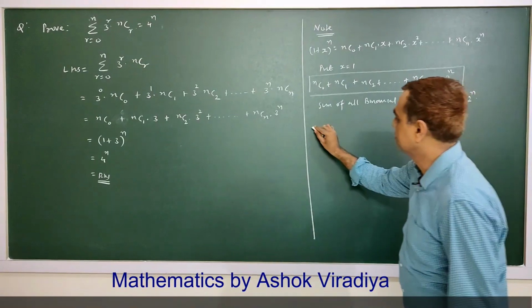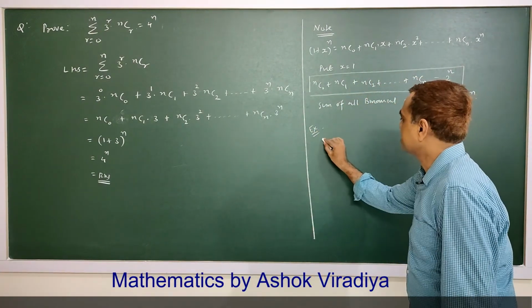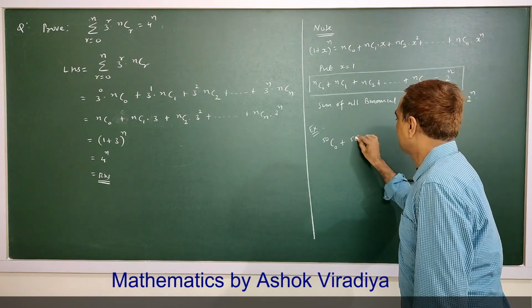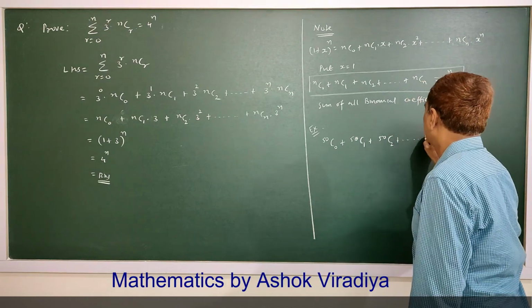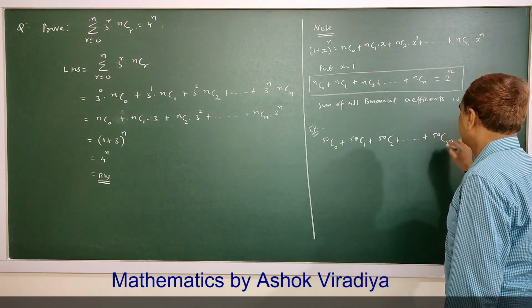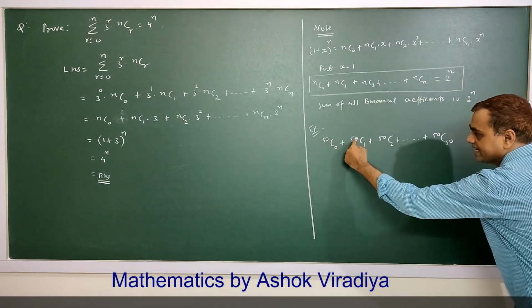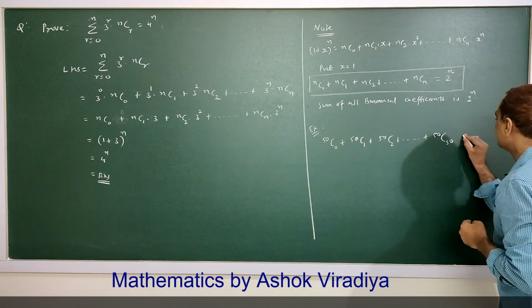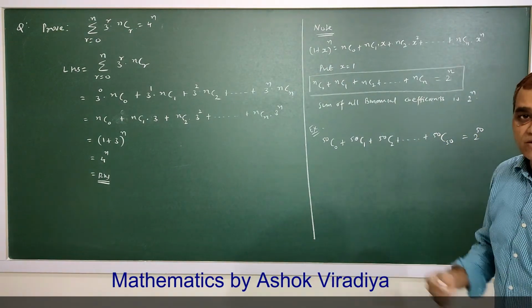As for example, suppose somewhere you are asked what is 50C0 plus 50C1 plus 50C2 up to 50C50. So by this result, nC0 plus nC1 plus nC2 plus up to nCn is 2 raised to n. This is its application.